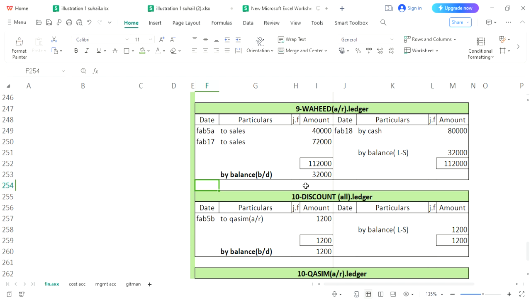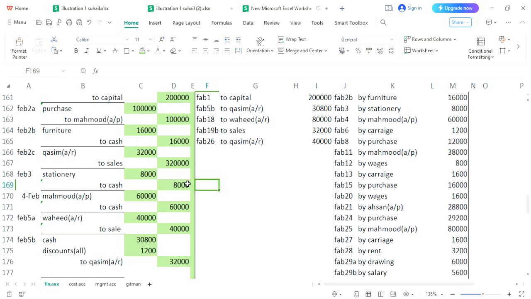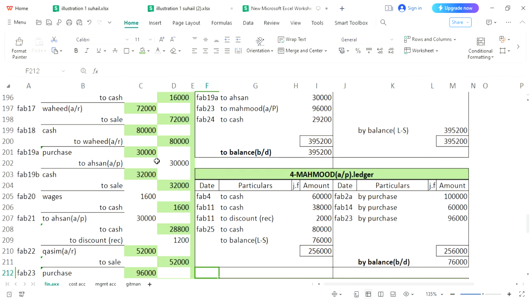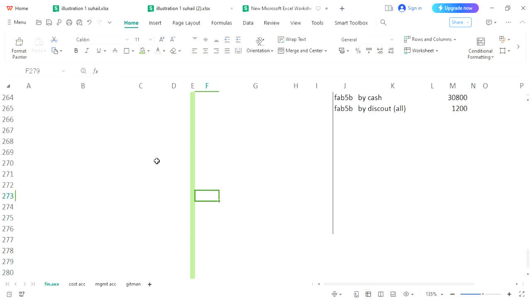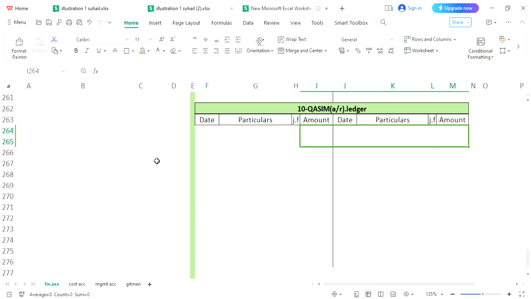So Qasim account receivable's ledger was already completed, but we had not marked Qasim first. So here you can see 32,000 was written and Qasim next was also written. So it means this ledger was already completed. That is what I was just referring to. Sometimes it happens, since there are a large number of entries, there is a possibility of doubling.